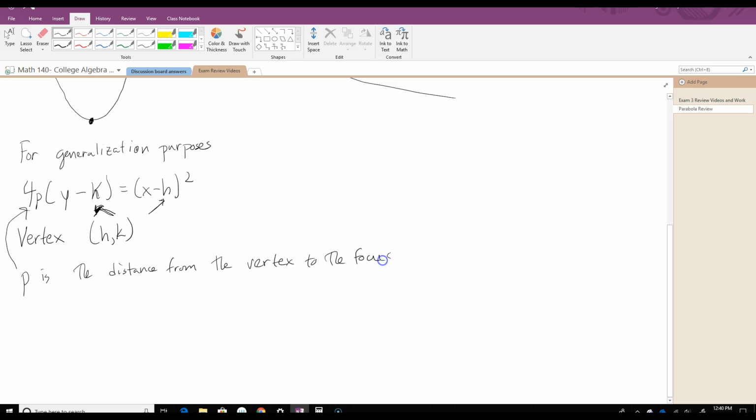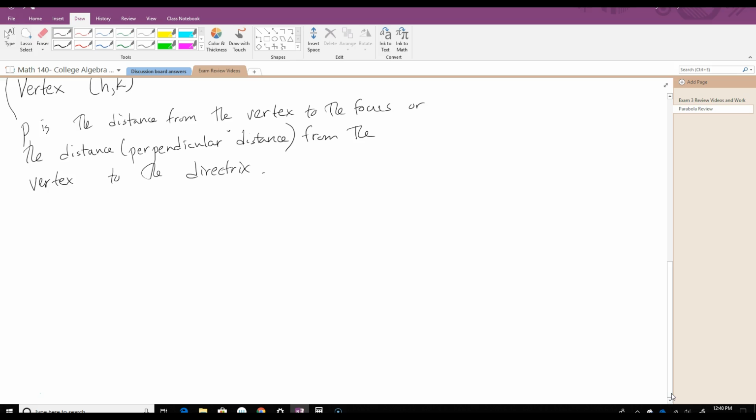It's the perpendicular distance, what we call it, so the straight line distance from the vertex to the directrix. For our purposes, really, those are the things that we want to focus on. Part of the pun. So let's take a look and talk about this.